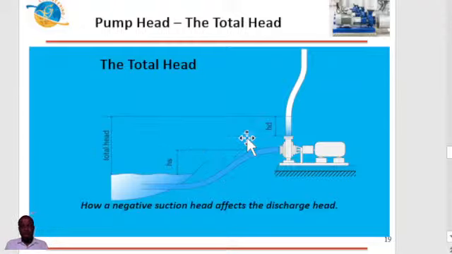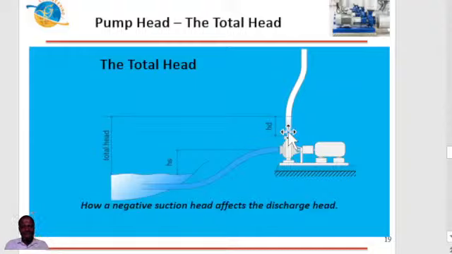The pump will still produce the same total head, but the discharge head, this HD, will definitely go down. So this simply means you may not have enough pressure to run your devices, and you may need to consider getting a pump with a higher total head if you did not put into consideration the kind of pumping applications you are working on.